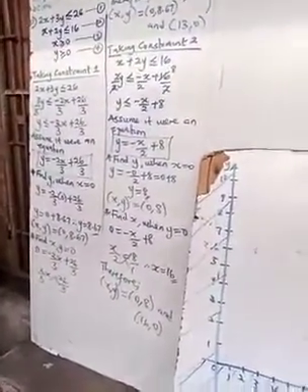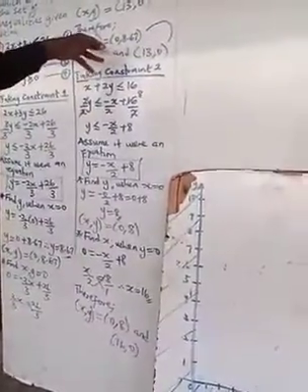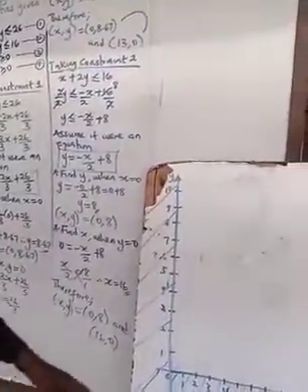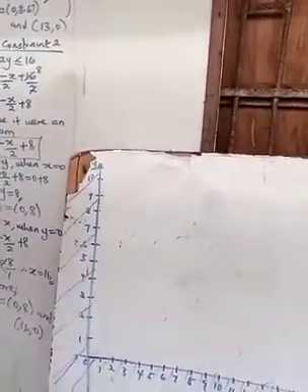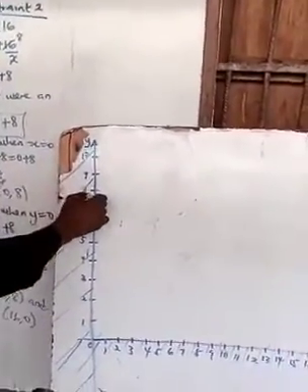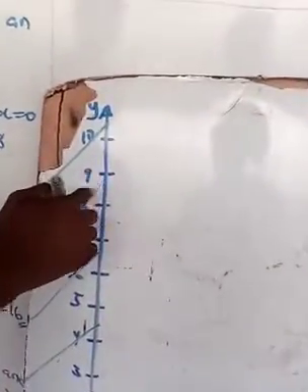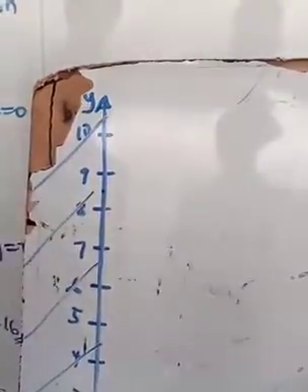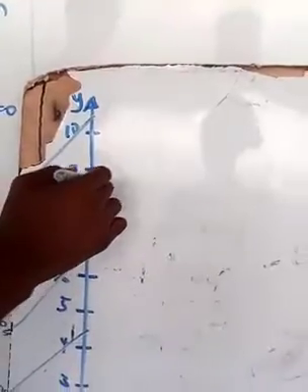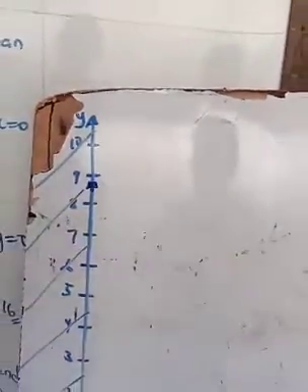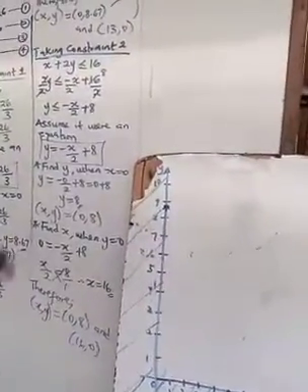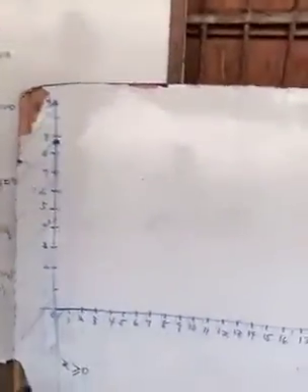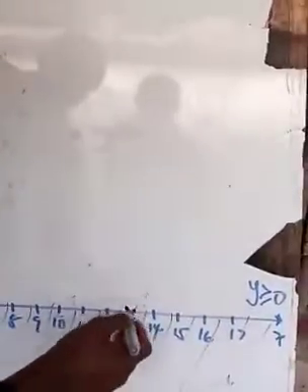Now let's plot the graph for the first constraint. When x is 0, y is 8.67. This is 8, this is 8.5, so 8.67 should be somewhere here. When x is 0, y is 8.67, and when x is 13, y is 0.